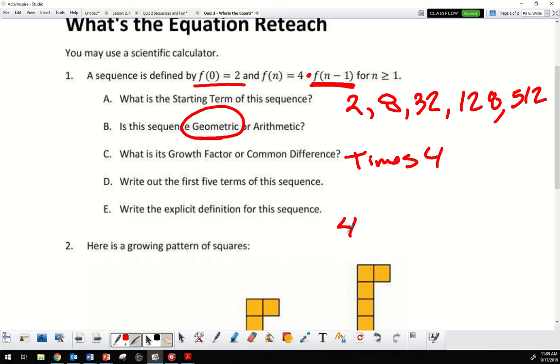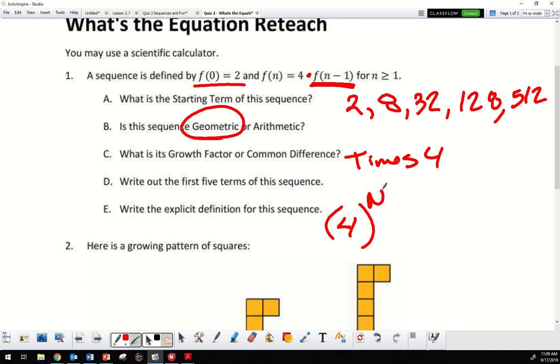Now, do you guys remember how we did this? So if it is a geometric, how do I have to write this one? Power of, not 2, x. Or in this case, it's going to be my n, right?